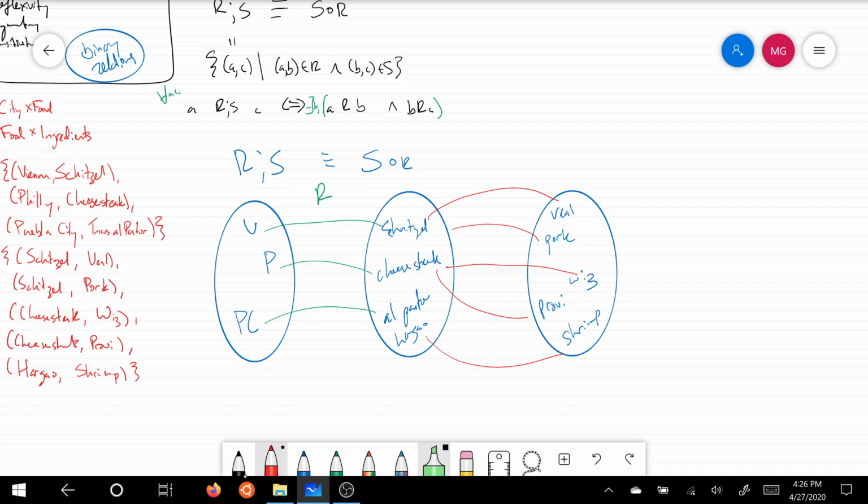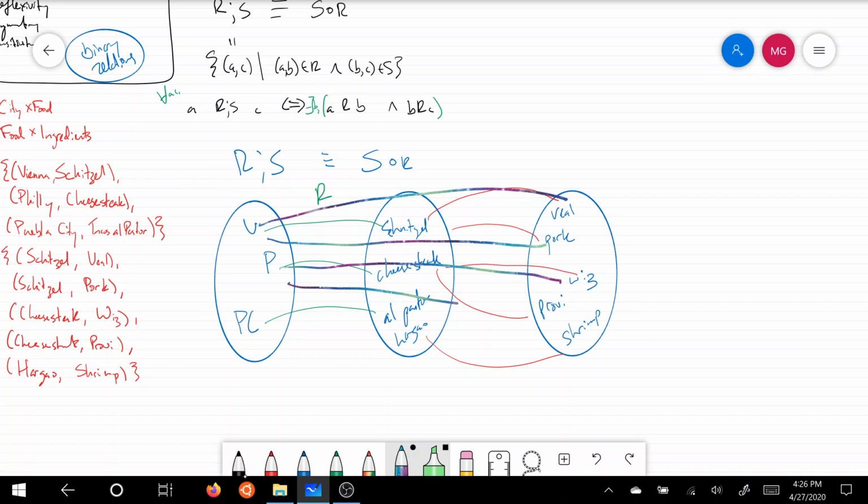Okay, so what is this relation composition that seems so complicated when you write it down? It's saying jump the lines, just follow the lines together. So what's in our final relation? Well, it's anything that lets us follow two lines. There's one. Here's another thing. Here's another thing.